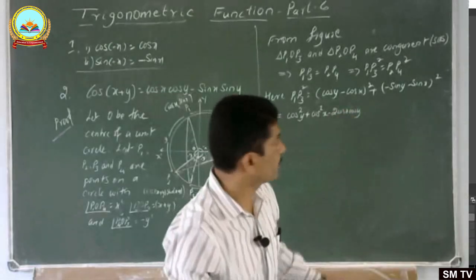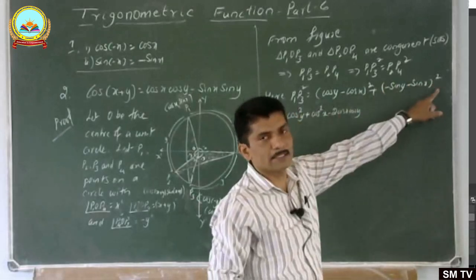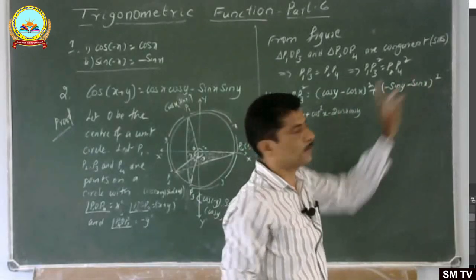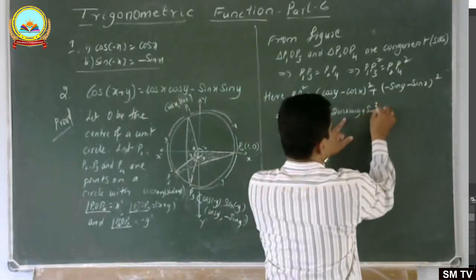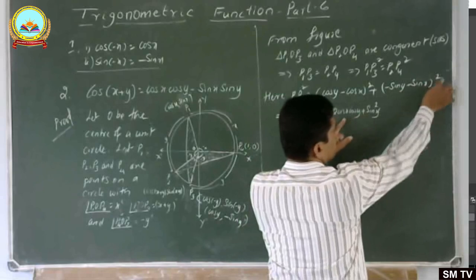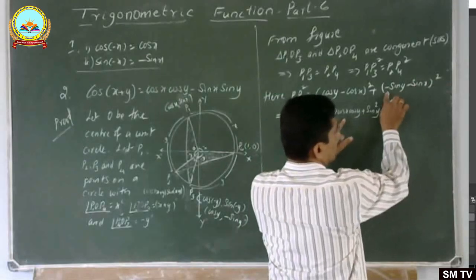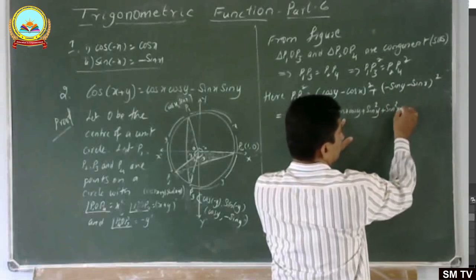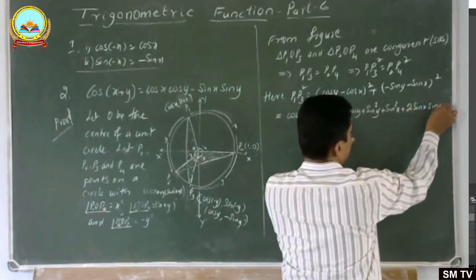Minus a minus b, minus square is plus, so a plus b whole square forms. Minus sin y whole square means plus sin square y, minus sin x whole square means plus sin square x, plus 2 times sin x into sin y.